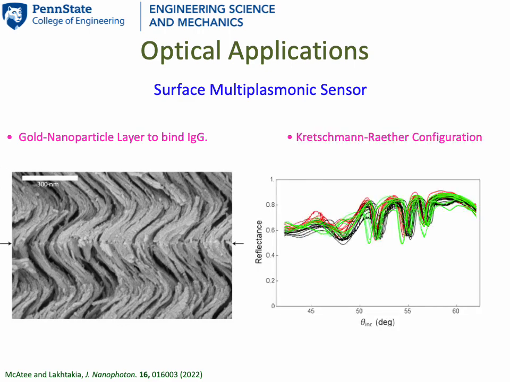Then aqueous solutions of different concentrations of immunoglobulin G were put inside the chiral sculpture thin film, and the reflectance versus angle of incidence data were measured at 633 nanometer wavelength. These data were used to train a support vector machine. The system could then be used to predict the concentration of immunoglobulin G of an unknown sample with at least 93% accuracy.